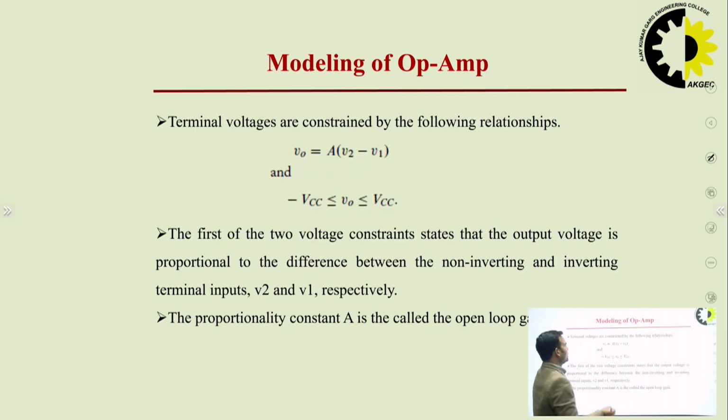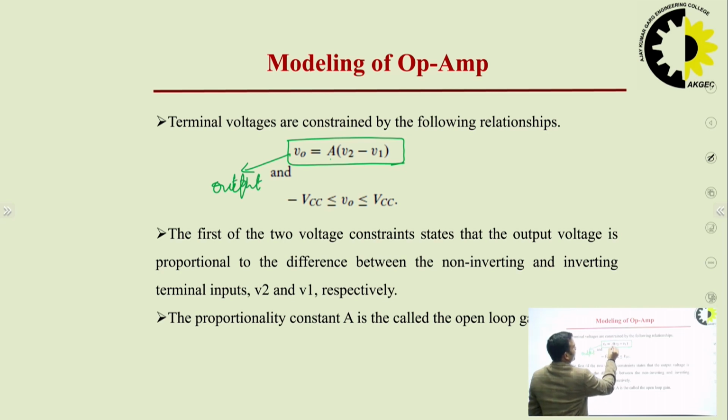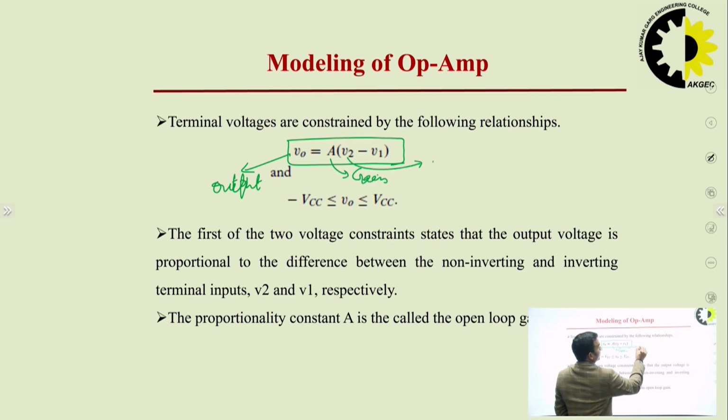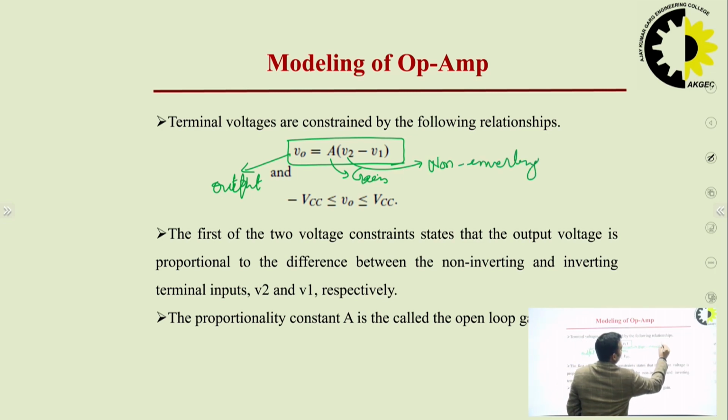So what will be output? We have seen that output will be equal to A into V2 minus V1, where A is gain, V2 is non-inverting input, V1 is inverting input.